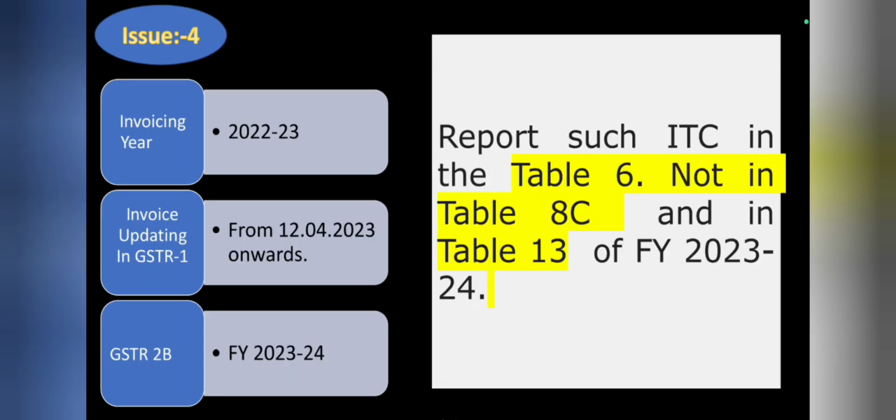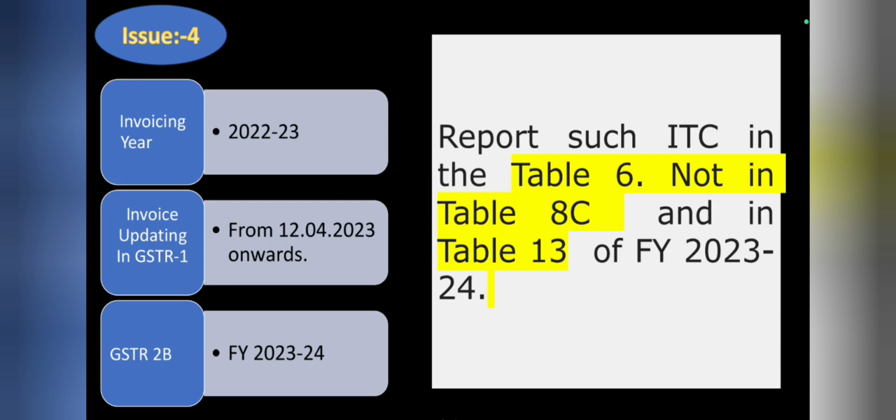Here we will see that invoices pertaining to financial year 22-23, that is the previous year, are reflecting in our GSTR 2B in 23-24.